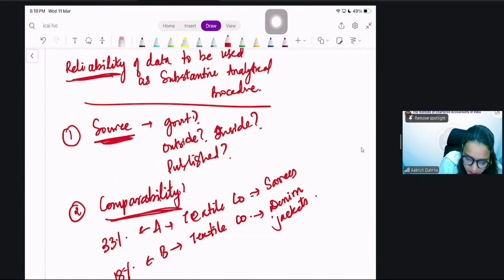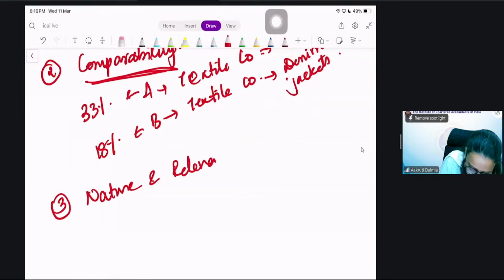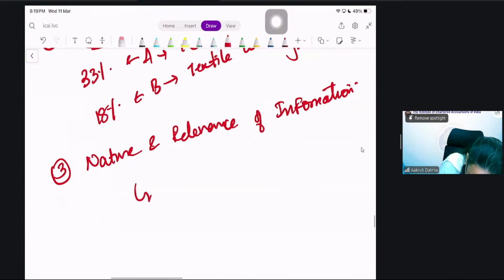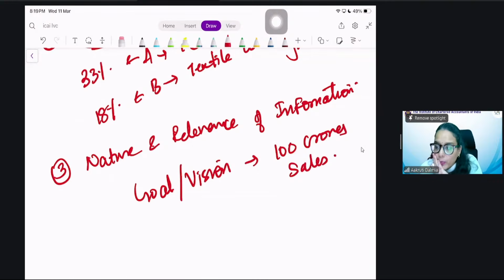Second, I check whether it is comparable. Third is nature and relevance of information. Let's say company has created a goal, vision that we will have 100 crores sales next year. Is this a usable information? Is this a relevant information for me as an auditor to do analytical procedure?